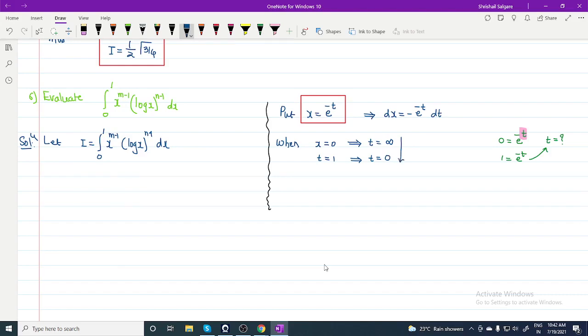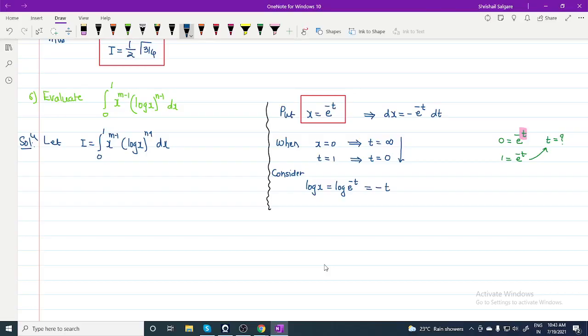After that, if any logarithm term is there, calculate that also separately. So consider log of x, meaning that term I am converting in terms of t. It can be written as log of e to the power minus t, and we know that logarithm and exponential are inverses of each other, so it comes as minus t.